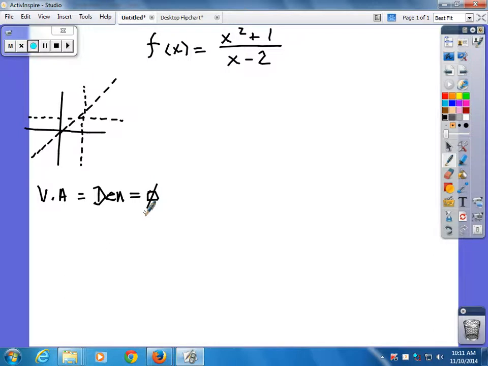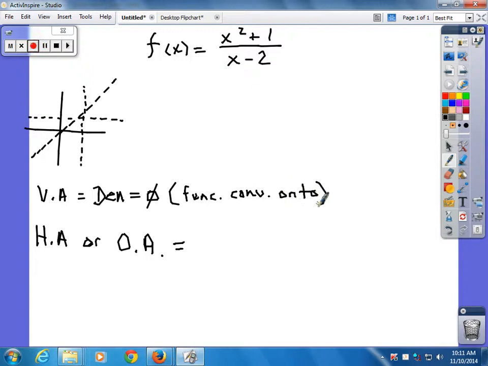A horizontal asymptote or an oblique asymptote is where the graph converges, the function converges onto this asymptote and also on this one.